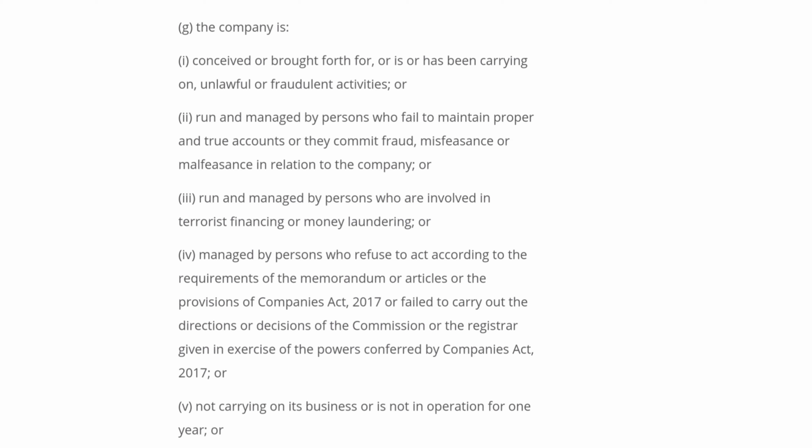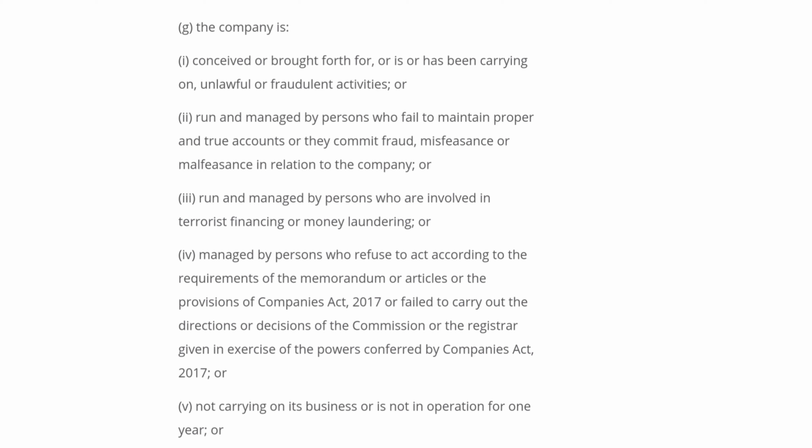In addition to that, they have to comply with the provisions of the Companies Act 2017 as it now exists, and of course as it may be amended in the future by the Parliament, and they have to comply with the SECP's regulations as and when they are issued.